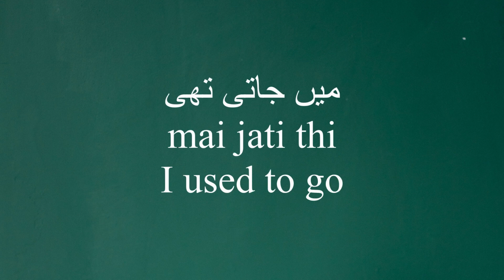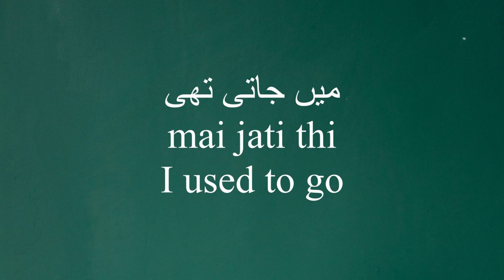Suppose you used to go to the gym, but now you don't really go to the gym anymore. So for that, you can say मैं जाती थी. So it's very much like the present simple, right? The same suffix ti is going to be with ja. मैं जाती. So up till this point, it's the same as the present simple tense.